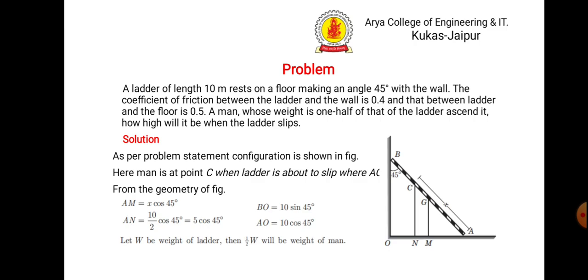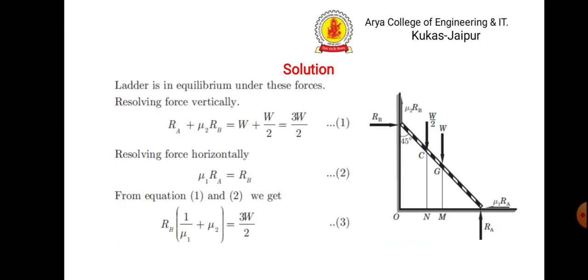If W is the weight of the ladder, then according to the statement, the weight of the man must be half of the weight of the ladder, that is W by 2. So we draw the free body diagram, the RB and RA.